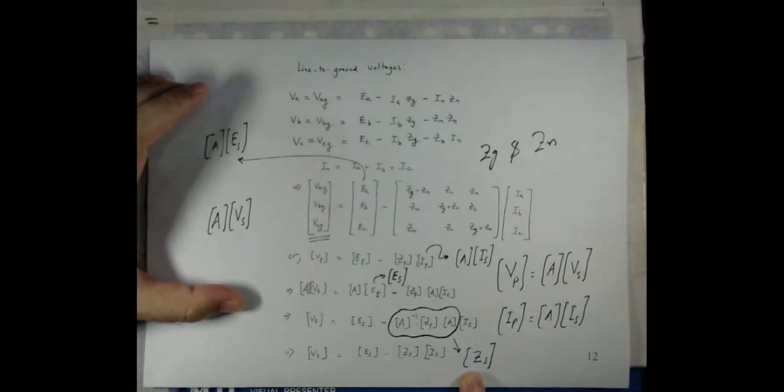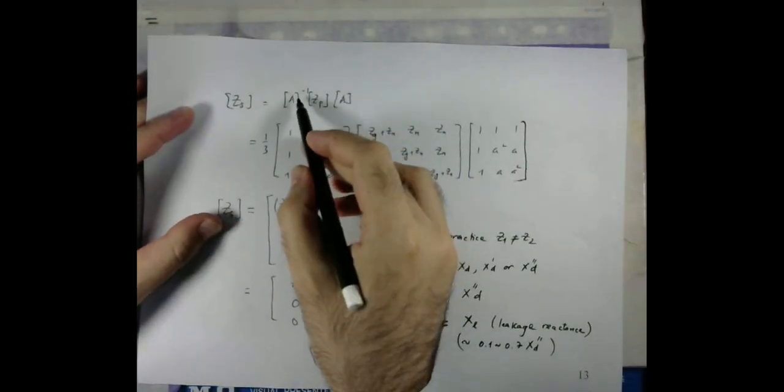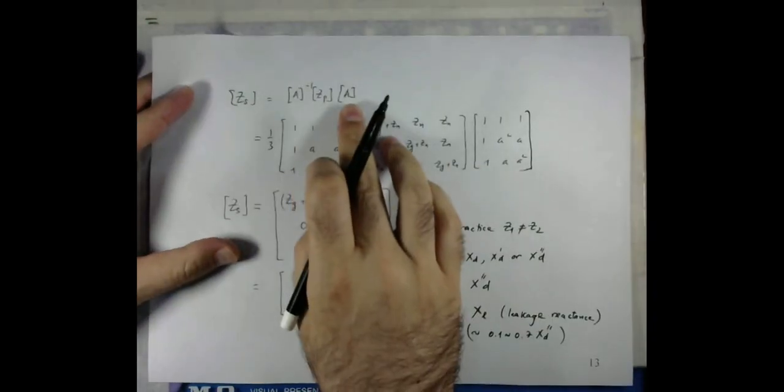So now let's derive the Zs, and then we will get the sequence network. Zs will be, as I mentioned, equal to the product of the multiplication of the inverse of transformation matrix, the impedance matrix, and the A matrix.